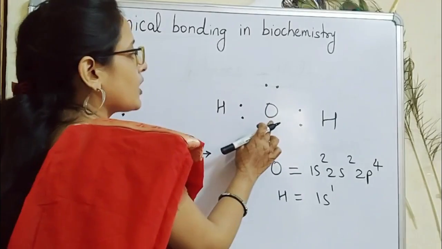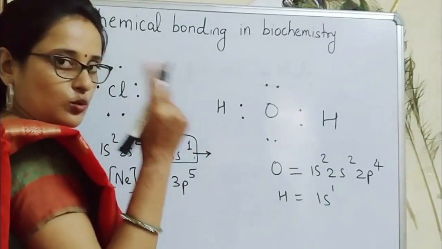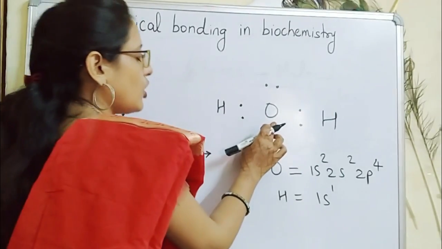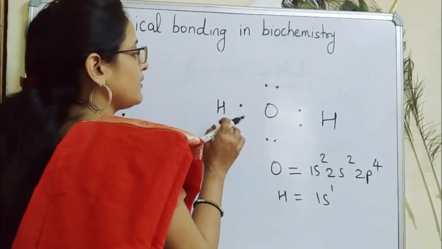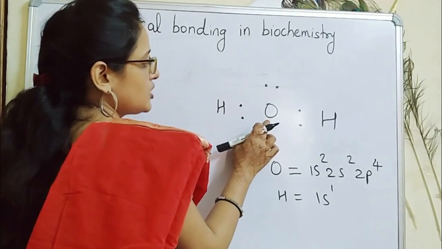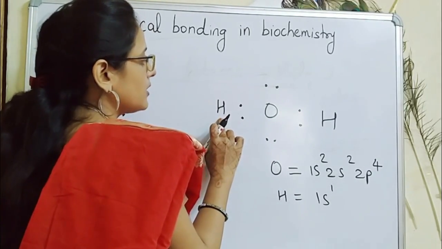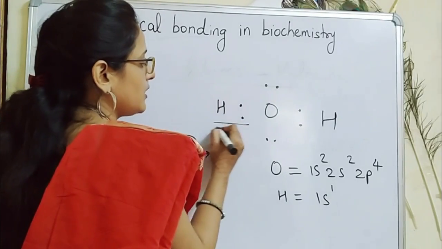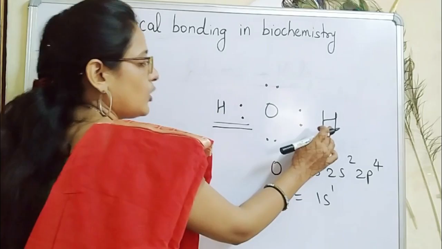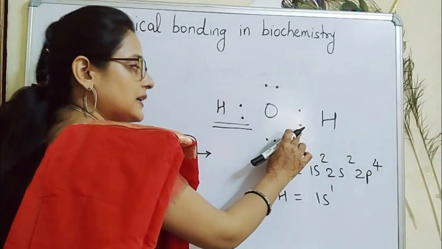Over here also, oxygen has a deficiency of 2 electrons and hydrogen has a deficiency of 1 electron. So oxygen bonds itself with 2 hydrogen atoms. This oxygen is sharing its electron with hydrogen, as a result of which hydrogen has 2 electrons, that is, it has attained its duet. And over here also, this hydrogen atom has attained its duet.